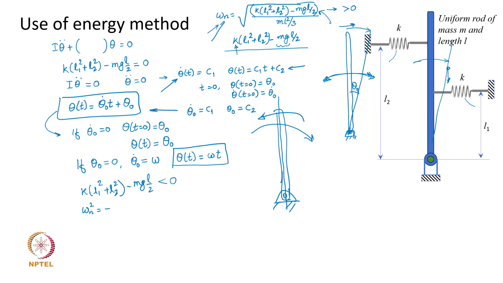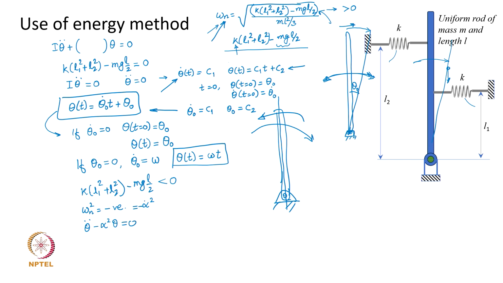You can see that if the numerator is negative, omega n square is going to be a negative quantity. So, I assume this omega n square as, let us say, alpha square, and then I have the expression theta double dot minus alpha square theta equal to 0.